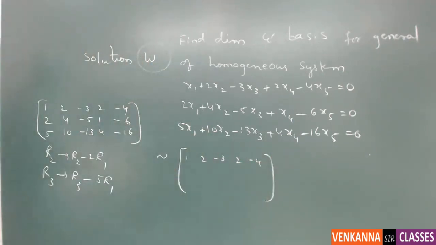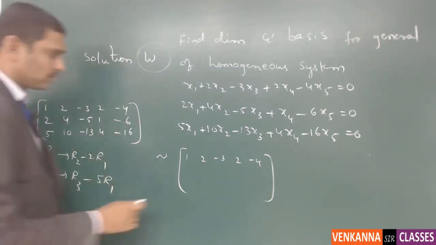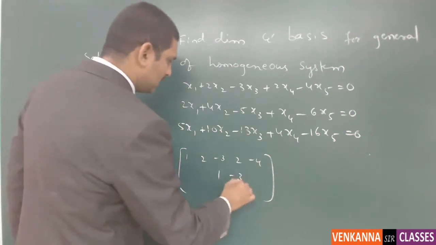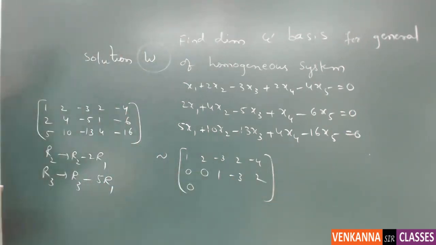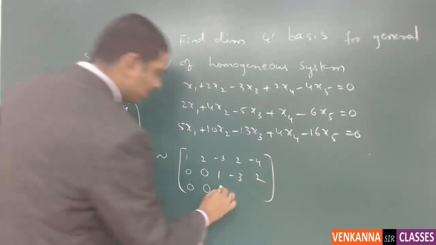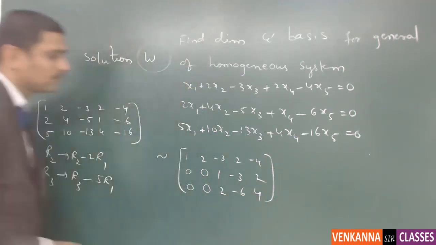And you will get the remaining values as, I think, 0, 0, 1, minus 3, 2 in the second row, and 0, 0, 2, minus 6, 4 in the third row.